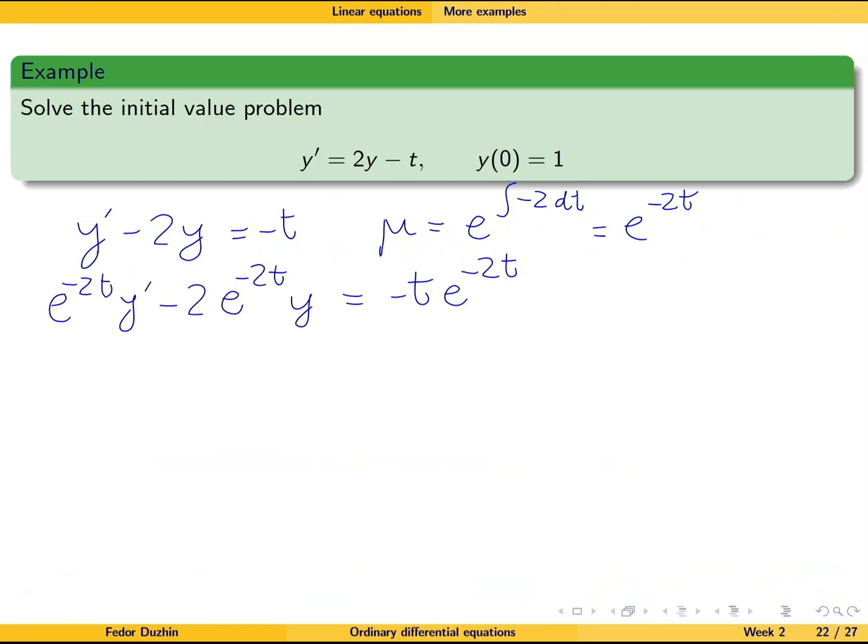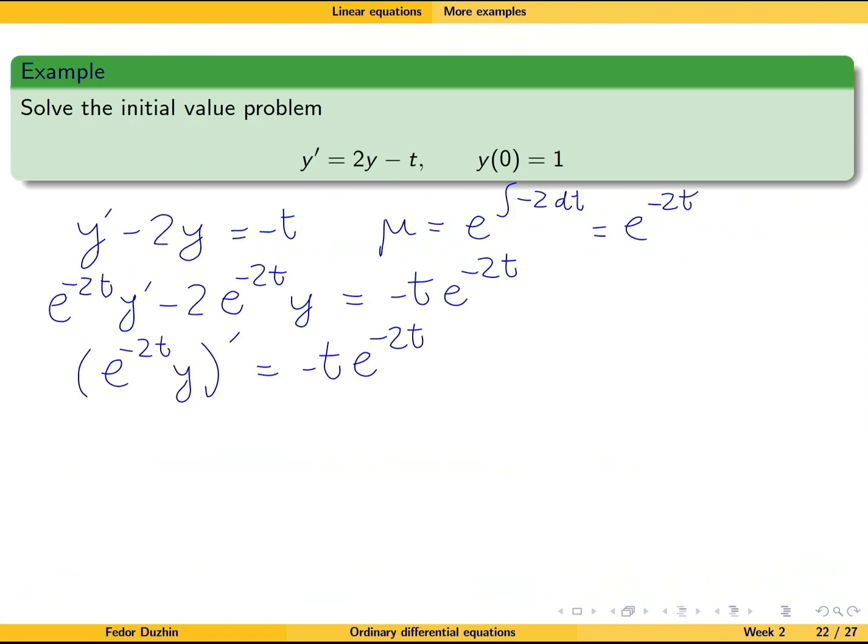Well, but then notice that the left-hand side is now the derivative. Well, of course it is, because that's what the general method tells us. So it is the derivative of e to the minus 2t times y.